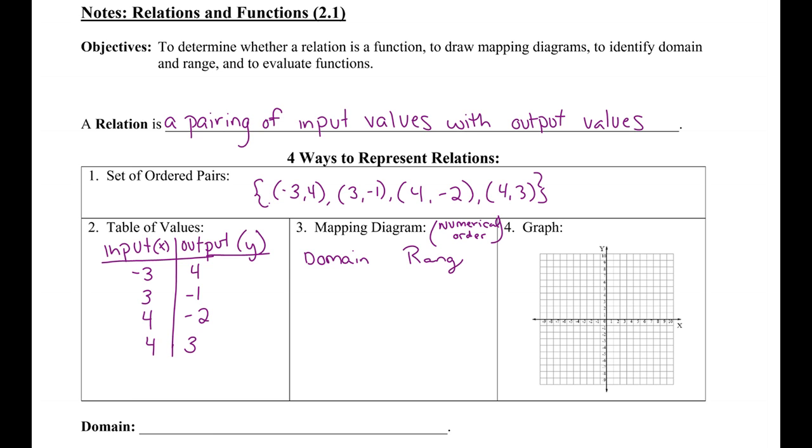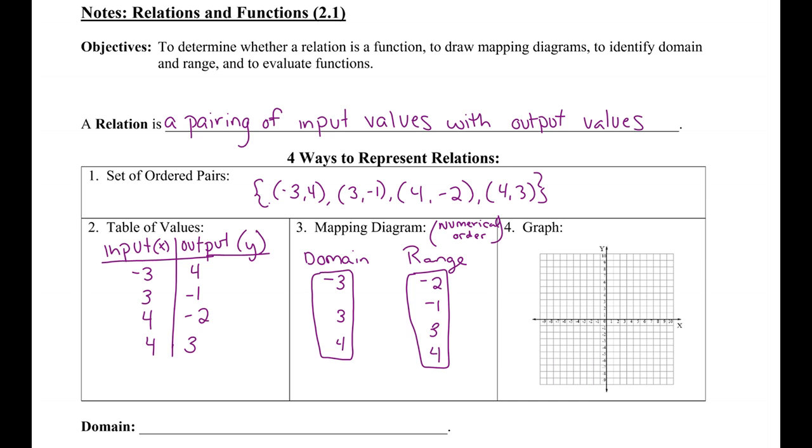So my domain, or my x values in numerical order, are -3, 3, and 4, and I do not have to repeat the number, so I do not need to list 4 twice. My range in numerical order is -2, -1, 3, and 4.